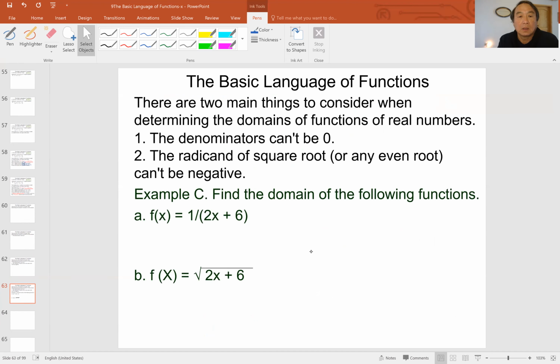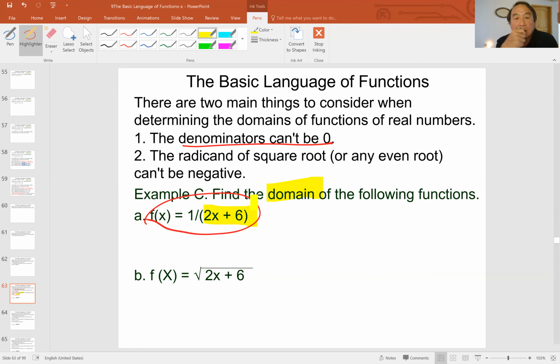So for example, if the question is what's the domain of these functions, then the denominator cannot be 0. If I ask for the domain, immediately I zoom in on the bottom and I throw away the numbers that will make the bottom 0. Throw them away because they're no good.